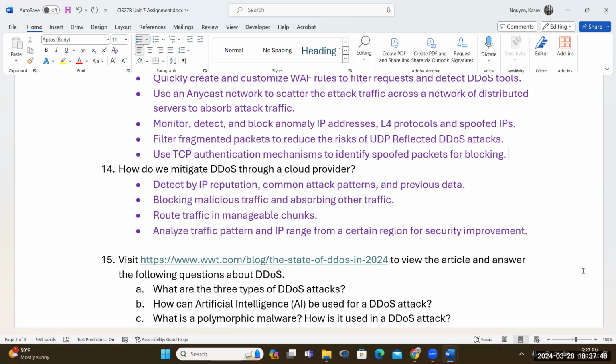And I think in CIS27, you learned about polymorphic malware, how polymorphic malware works, right?